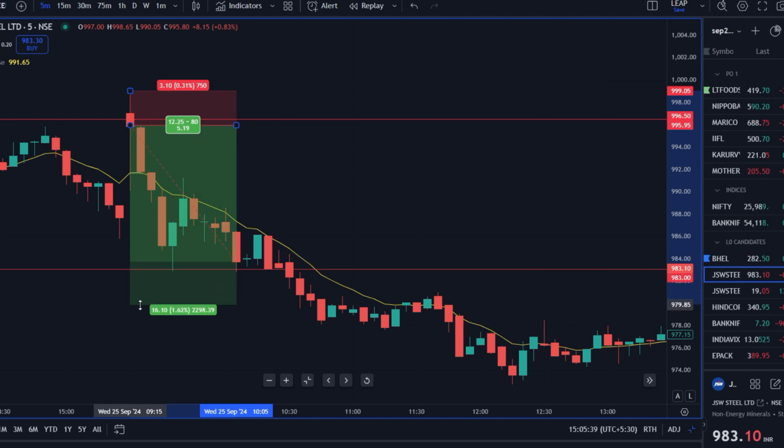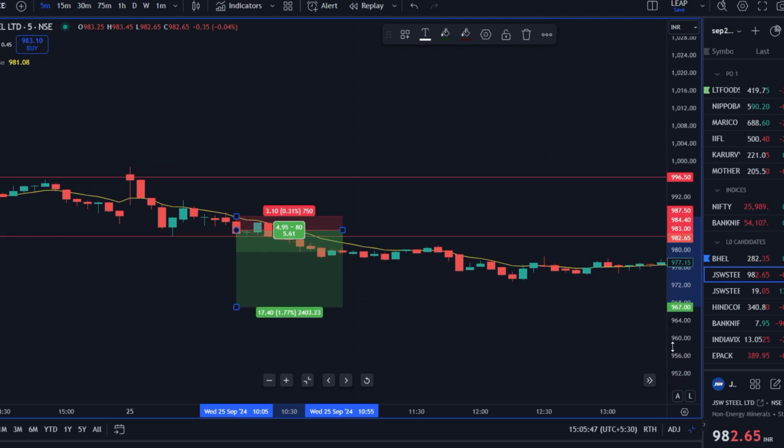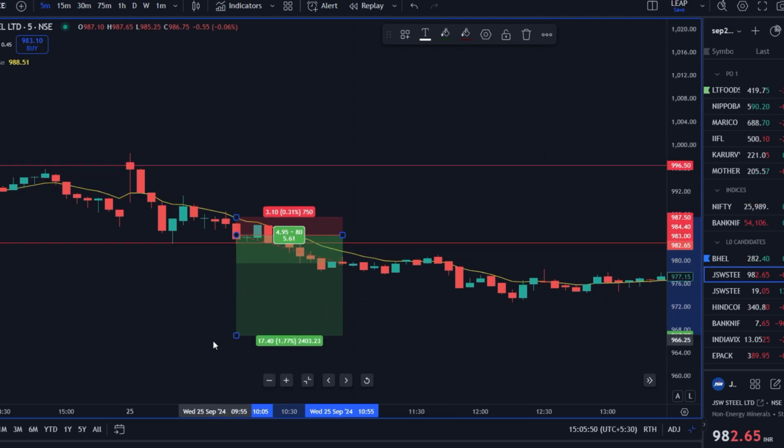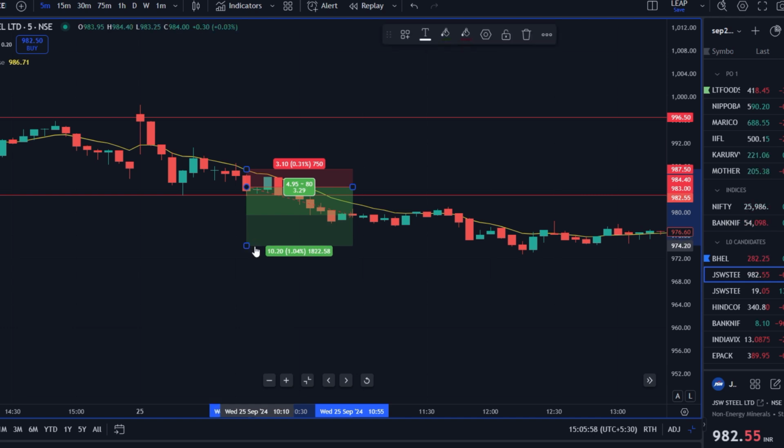It's 4R, and for the second trade it's 3R. So that's how we made the profit today.